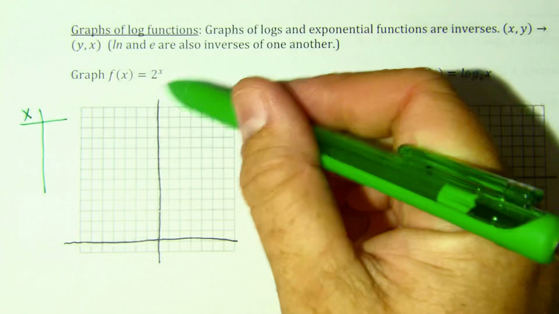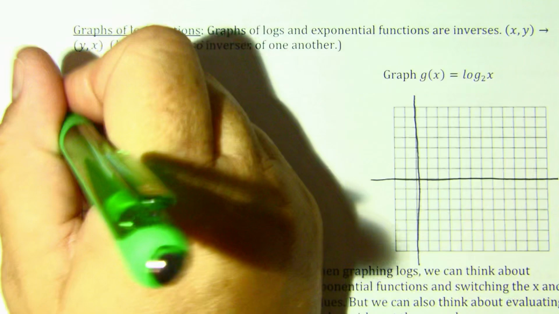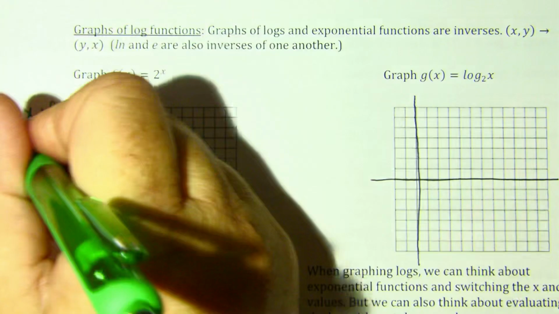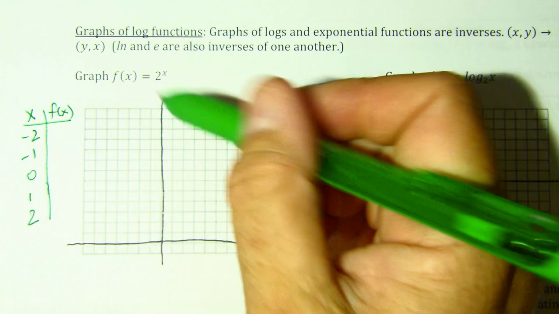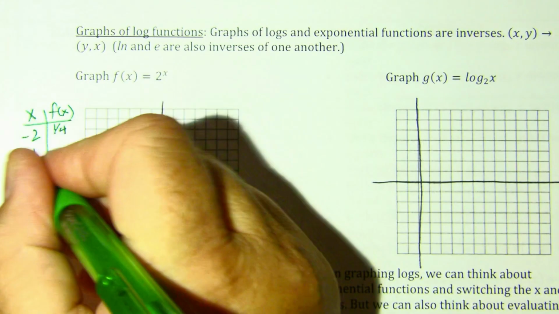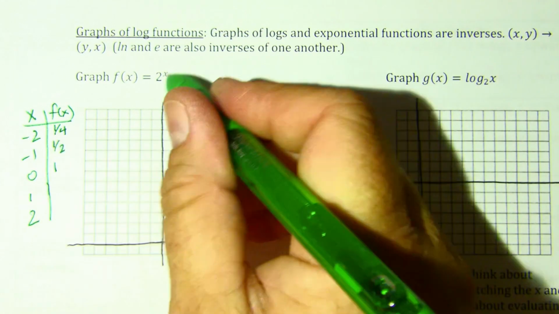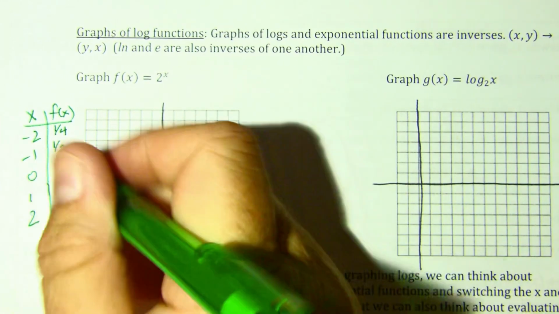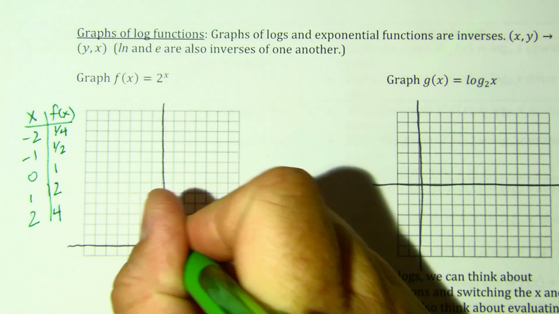We did this exact example in that video, so if you need a refresher, you can go back to that video. But if we have -2, -1, 0, 1, and 2, 2 to the -2 is 1/4, 2 to the -1 is 1/2, 2 to the 0 is 1, 2 to the first power is 2, and 2 squared is 4. So I can go ahead and plot those points.